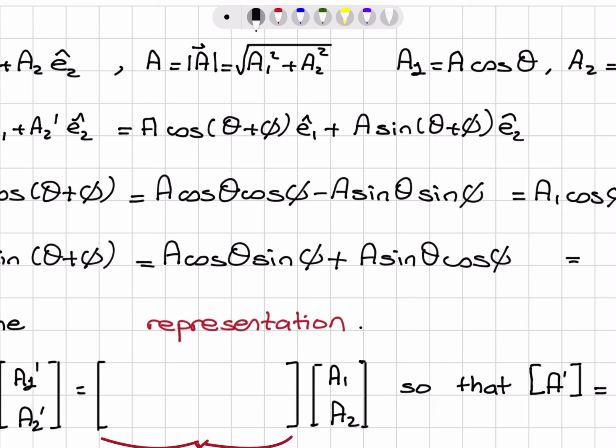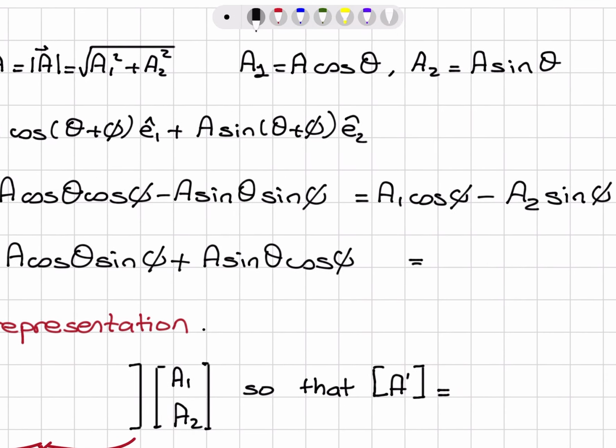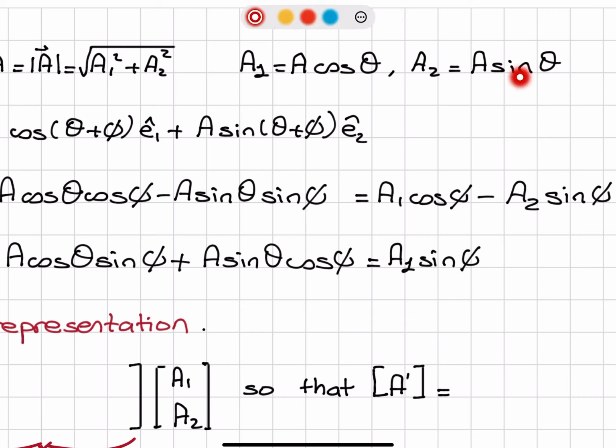And A cosine theta is already A1, so this is A1 sine phi. And A sine theta is A2, so this is plus A2 cosine phi.